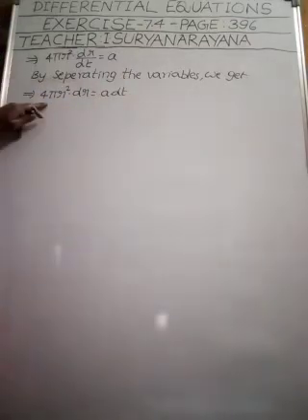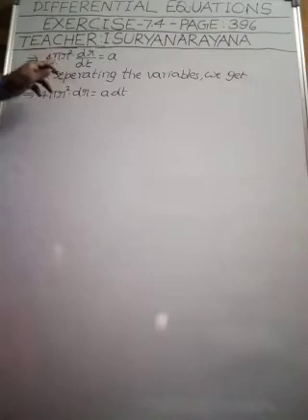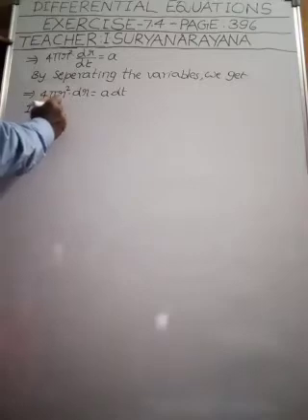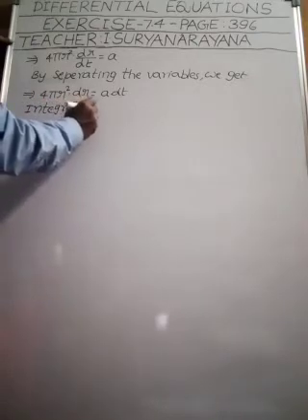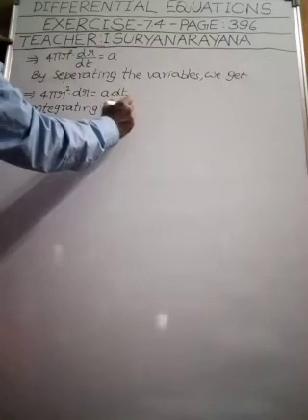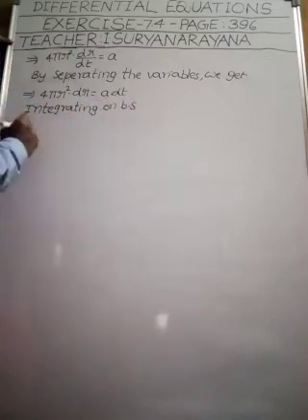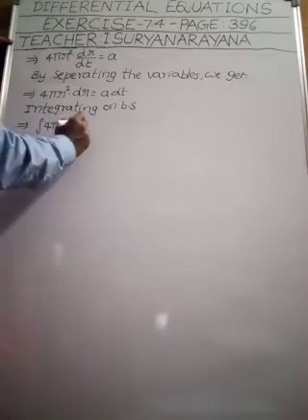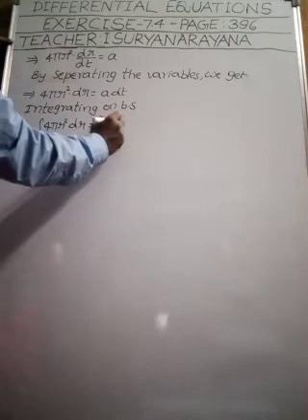Okay, my children, understood this step? We have separated the variables. Here we are using the separating the variables method, okay, my children, to solve this differential equation. Now integrating on both sides. Do you remember this step, my children? Right. So integral 4 pi r square dr is equal to integral A dt.